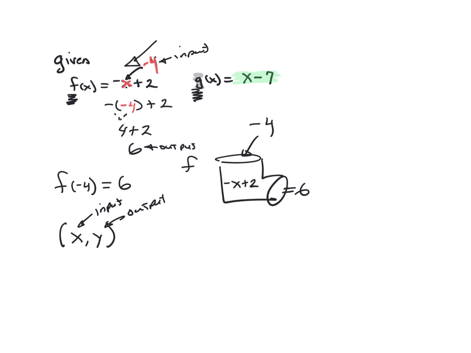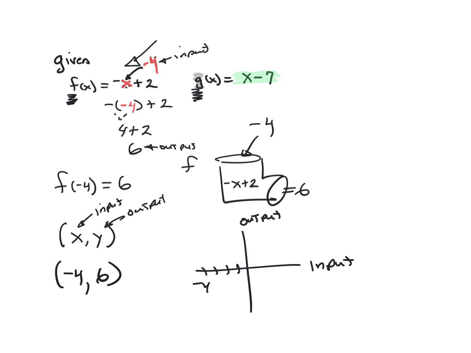So we could even write that when I put negative 4 into the f machine, I got 6 out, and I could plot that, because this is your input and this is your output. So 1, 2, 3, 4, negative 4. 1, 2, 3, 4, 5, 6. So negative 4, 6 is right there. That has an input of negative 4 and an output of positive 6.